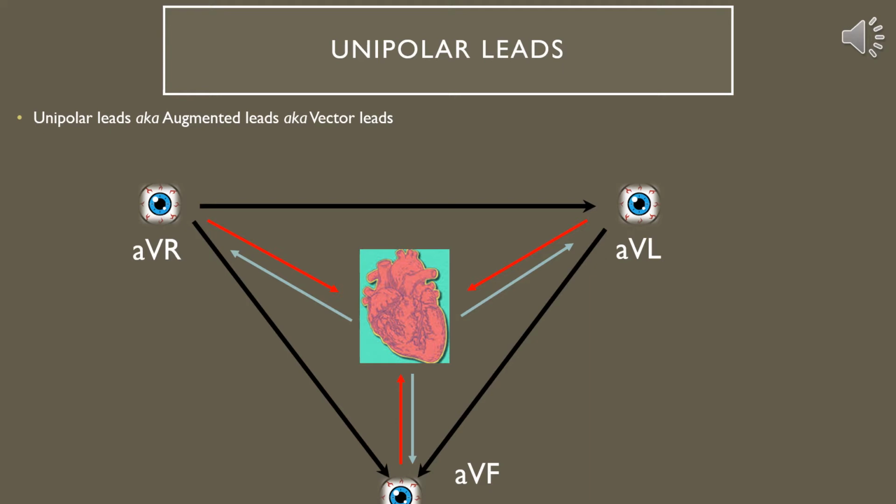So this additional perspective can provide a whole lot of information, especially with vector left, looking at that left side of the heart where we might see some significant findings, and the vector right.